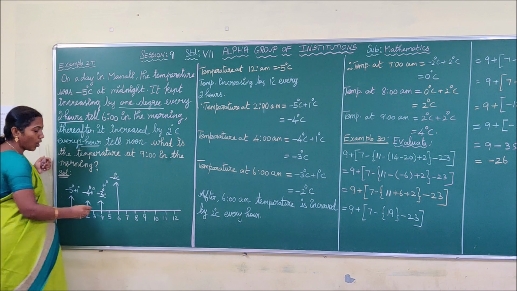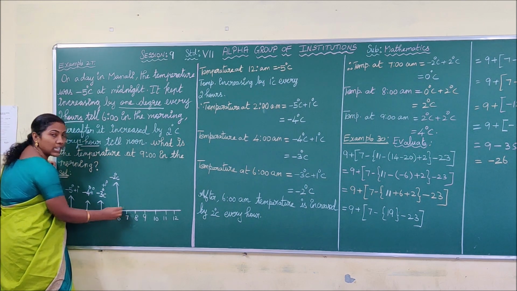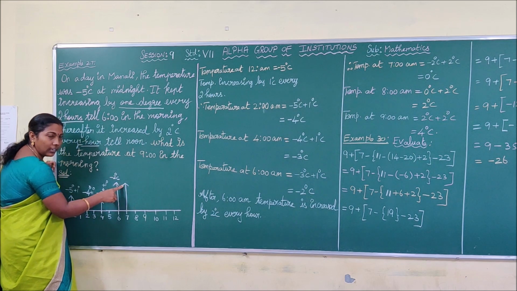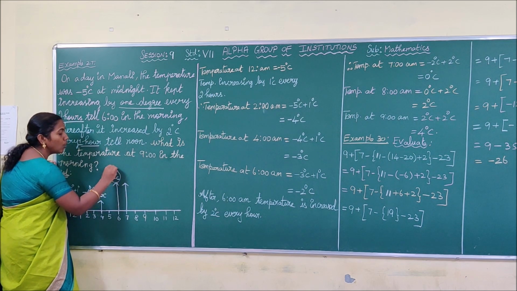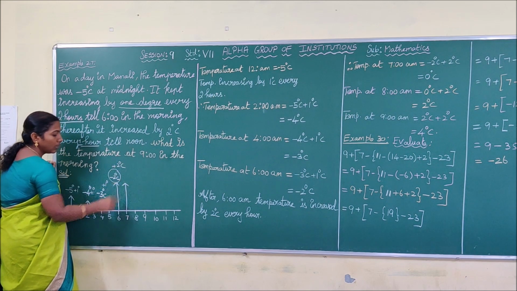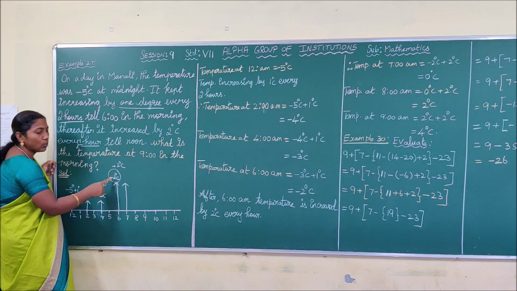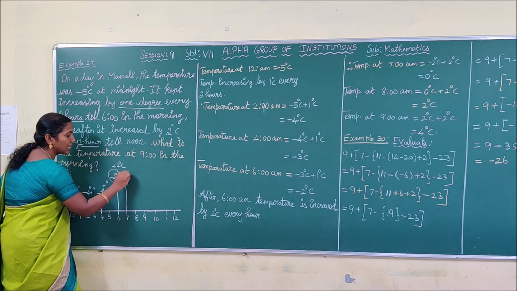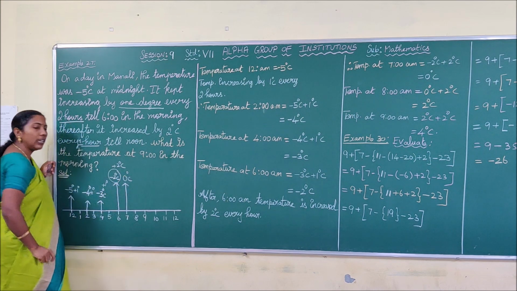Now, what is the temperature at 7 o'clock? The temperature at 7 o'clock can be calculated by adding 2 degrees to the temperature at 6 o'clock. So minus 2 plus 2 will cancel. So the temperature at 7 o'clock is 0 degrees Celsius.